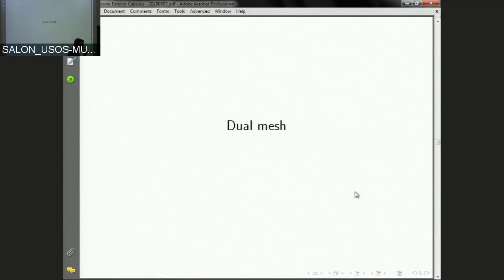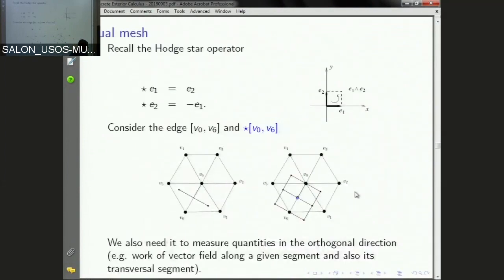How do we go about the Hodge star? Well, let's make some more drawings. We are going to make drawings to generate a dual mesh. Let me remind you again, the Hodge star for E1 gives me E2 to make up a square, a positively oriented square.